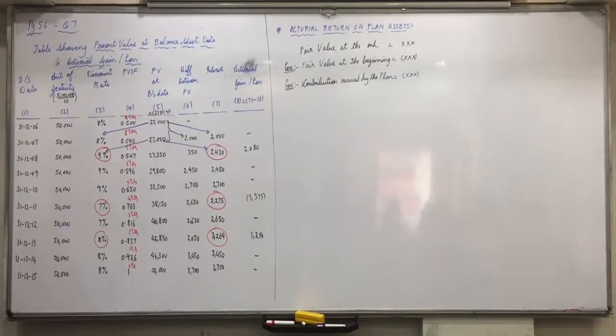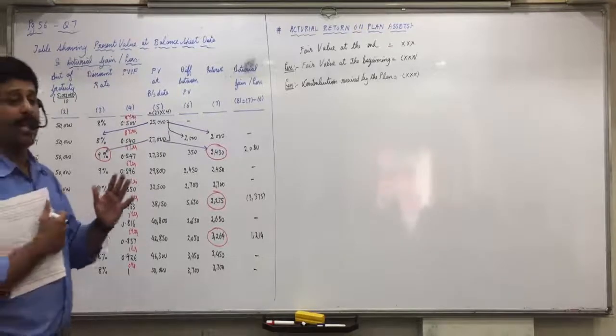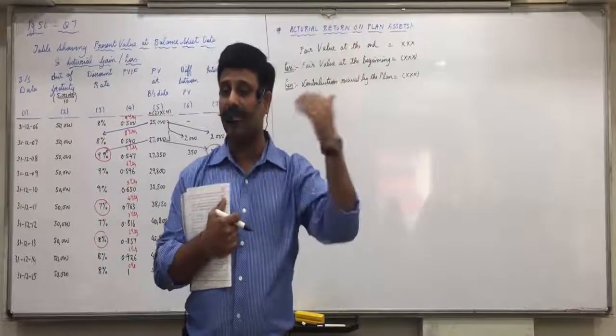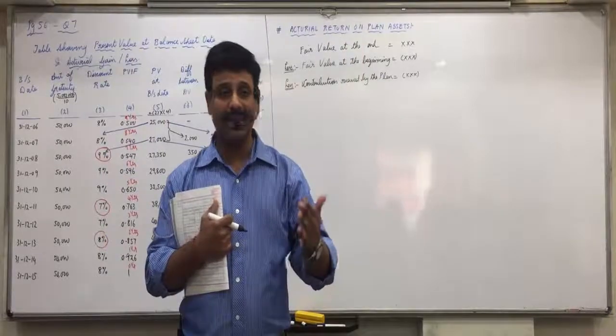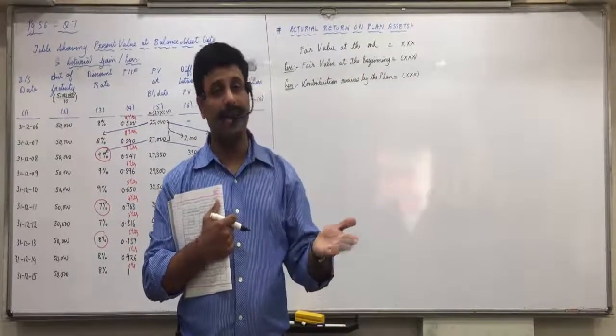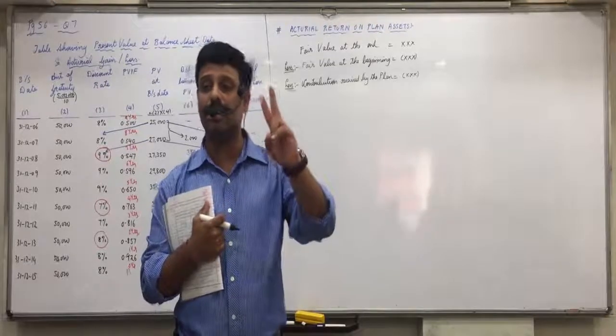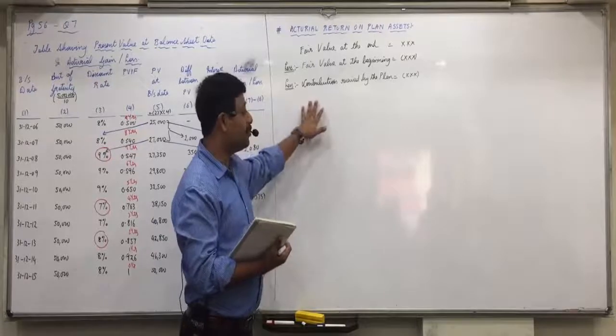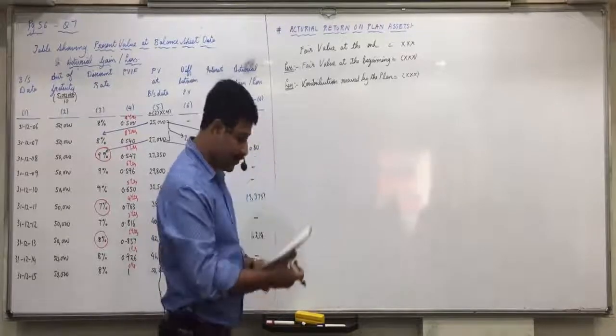Now suppose in the current year you again invested 1,000, meaning the employer contributed 1,000. So actually there is not an appreciation of 3,000. 50,000 was the value in the beginning, further you invested 1,000, so it became 51 and then its value is 53, so there is an appreciation of only 2,000. So further you subtract any contribution received by the plan.